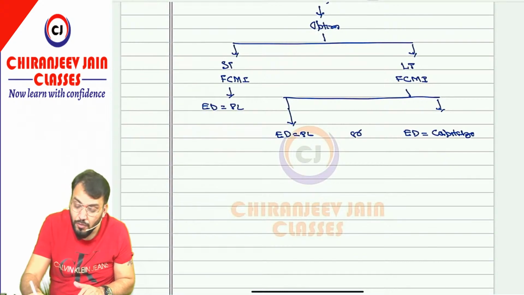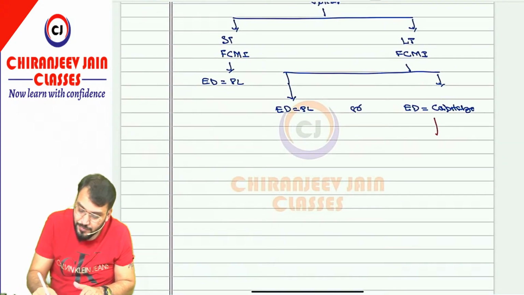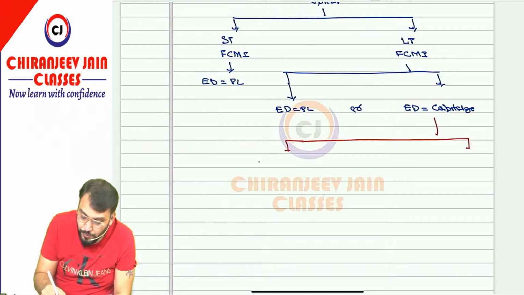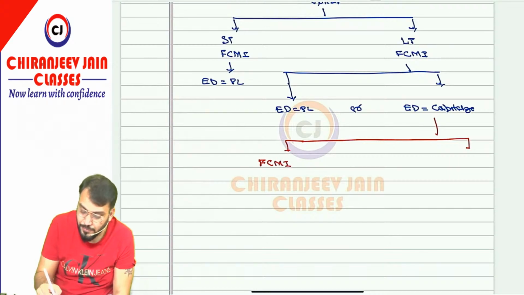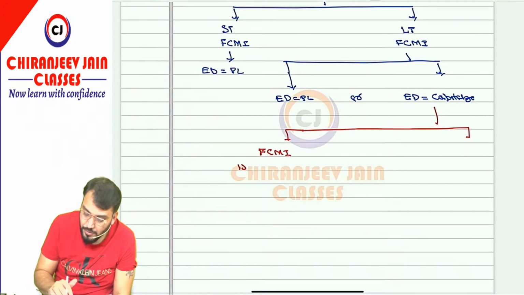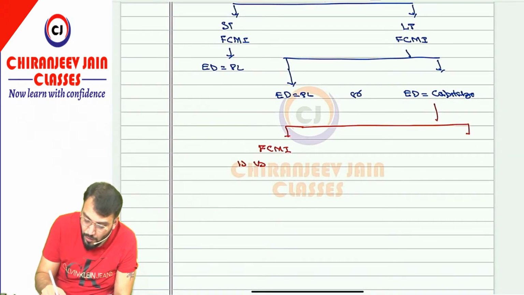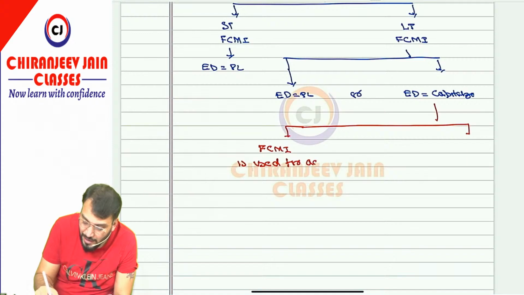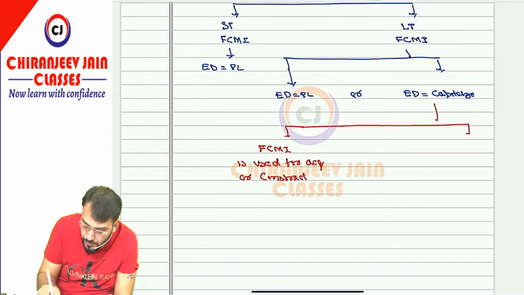Understood? Now how to do the capitalization? If a long-term foreign currency monetary item is used for acquisition or construction of a depreciable asset, understood?